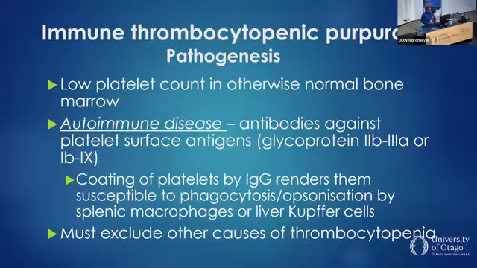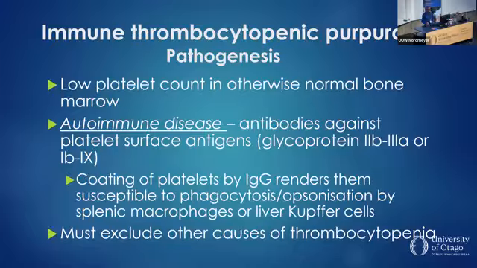So when I talked about platelets less than 20,000 causing spontaneous bleeding, usually that is not true for ITP. You don't find that kind of spontaneous bleeding or bleeding in dangerous sites with ITP. Because the problem in ITP is not that the body is not making platelets.